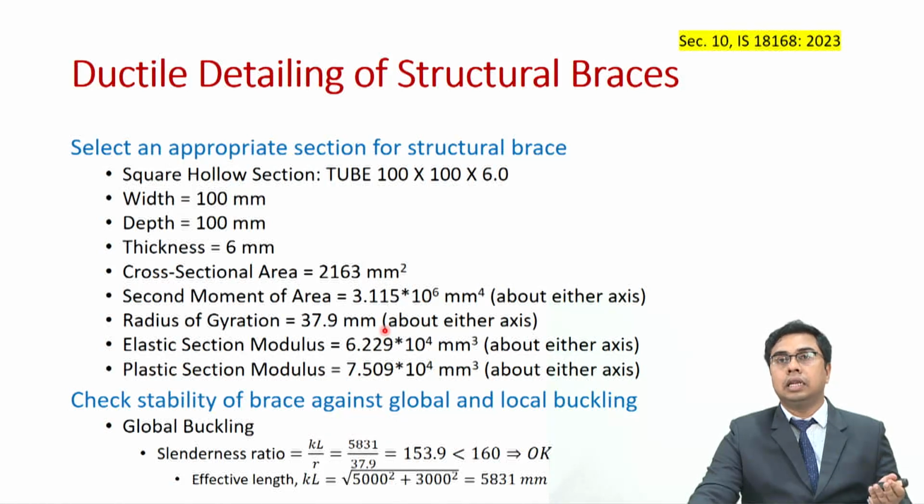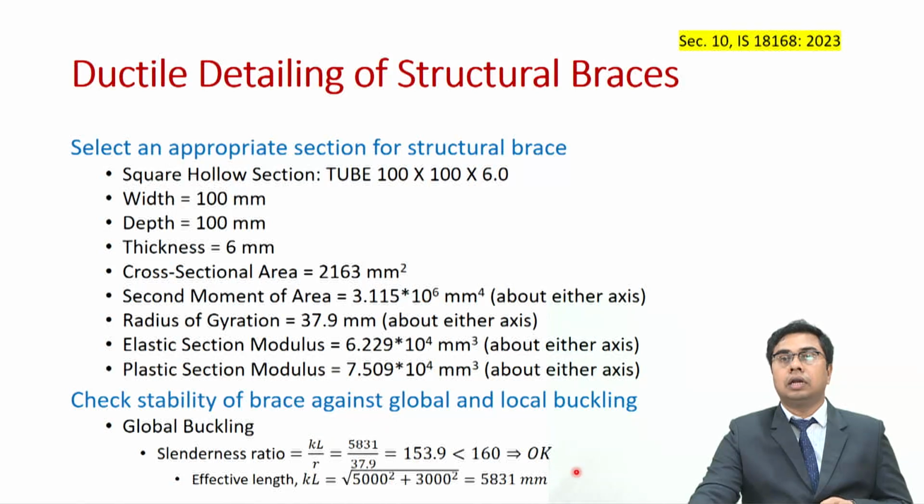As we indicated earlier, it may have reduced radius of gyration depending on the second moment of area and the cross sectional area, because both of them increase and the radius of gyration is calculated as a square root of I upon A. So, in this case we calculate the slenderness ratio to be 153.9, which is less than 160.